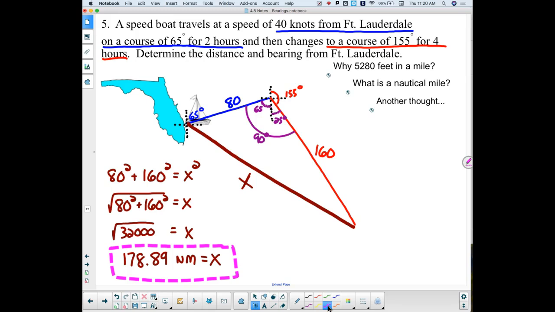Now we got to find the bearing. Which angle, you can describe it by the color of the sides, which angle do we need to find? Blue and maroon or red and maroon? Do we got to find this angle or this angle to find its bearing?